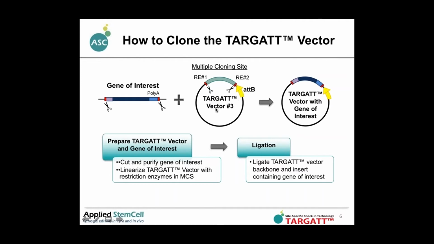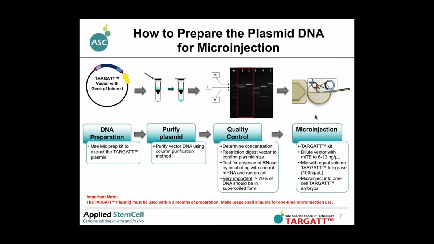This subcloning step will generate the target vector containing the gene of interest. The next step is to prepare and purify the target plasmid DNA for microinjection.